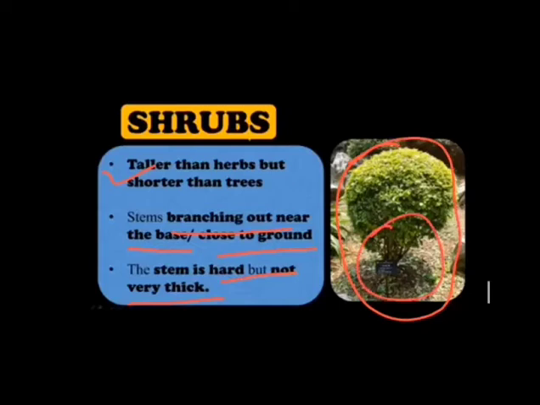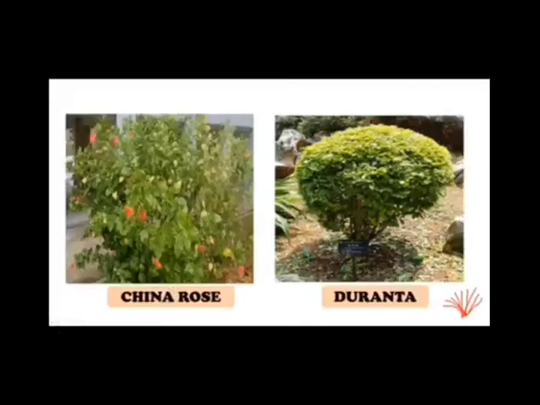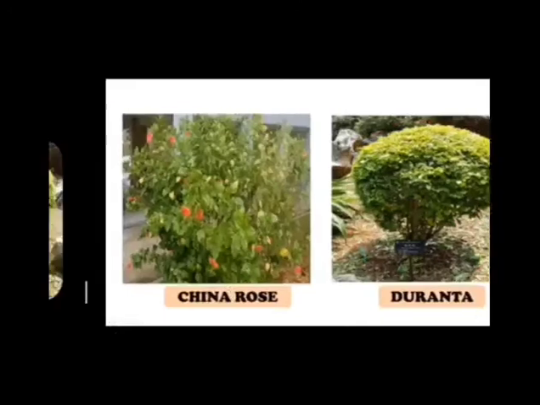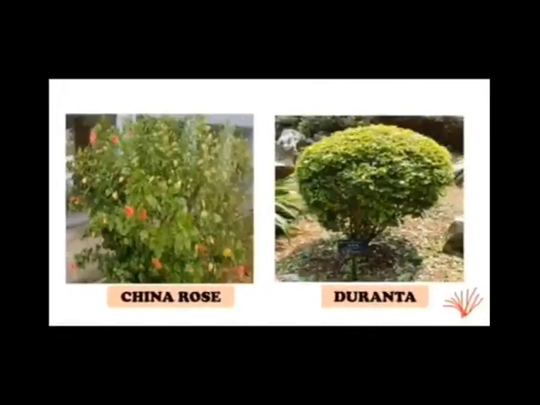They have a hard stem, but they do not have very thick stems. Okay, so let's see some examples of shrubs. The China rose and the Duranta are examples of shrubs.